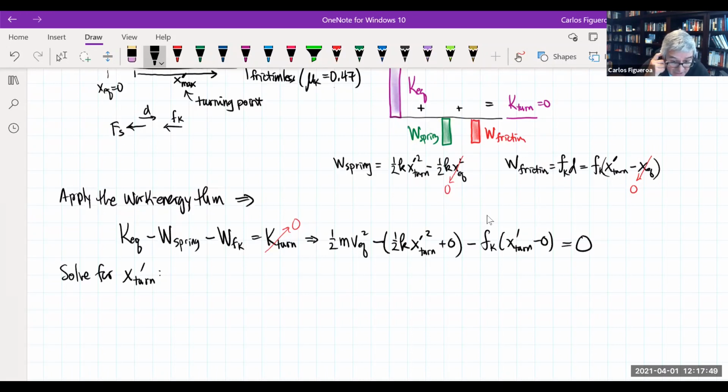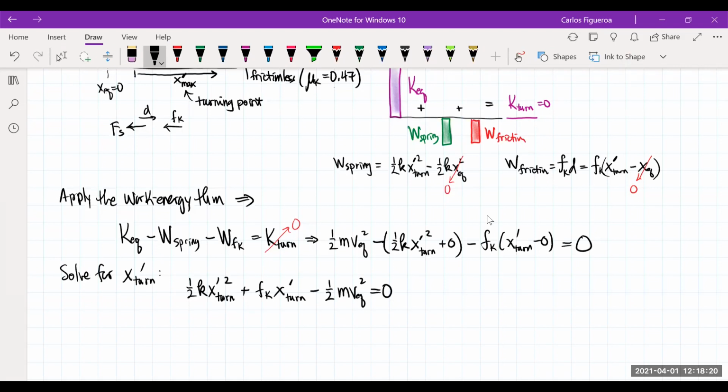So I'm going to get 1/2 k x turn prime squared plus my frictional term, which will be f of k x turn prime, and then minus 1/2 mv velocity squared. And this has to be equal to 0.